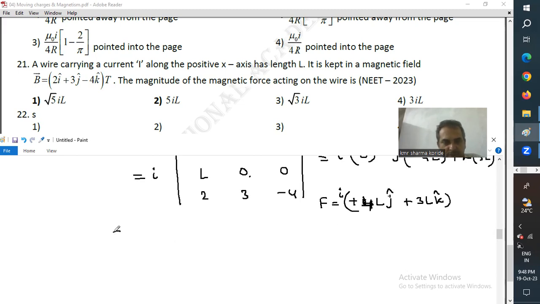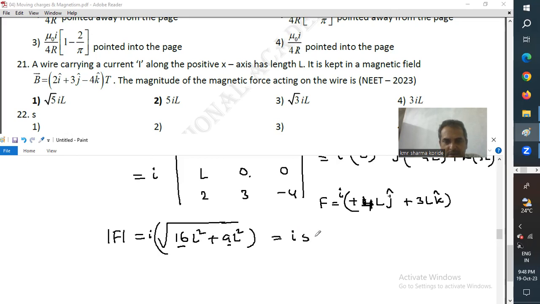If you find out the magnitude, it is equal to root over I of 4 into 4 is 16, 16L square plus 9L square, which is going to be 16 plus 9, 25L square. So therefore, I root of 25L square, 25L square means 5L. So therefore, 5IL is correct.